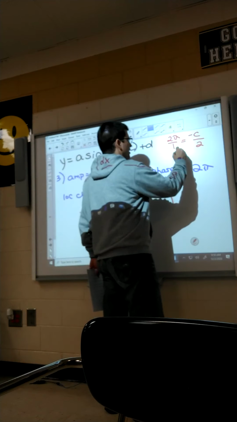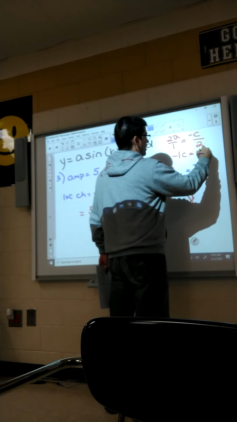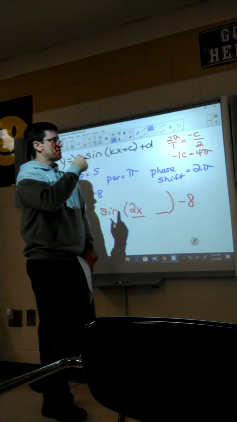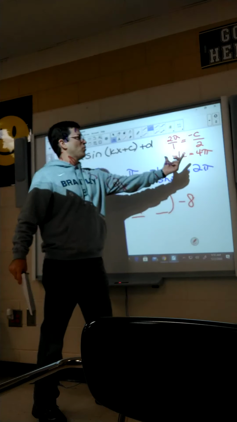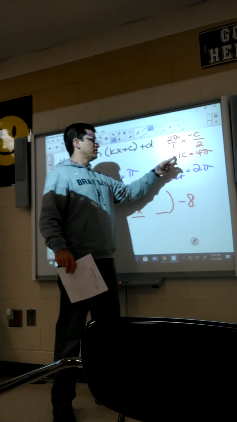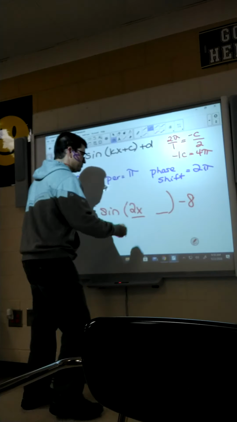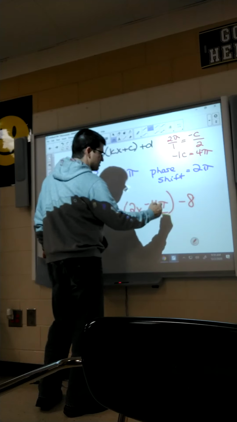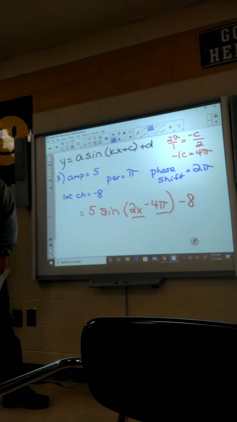So I got negative 1c equals 4 pi. Silas, what do I divide by once I get to this point right here? You divide by negative 1. Right. So my answer would be negative 4 pi. All right, Madison, would you check that one, please? 2x minus 4 pi. Good.